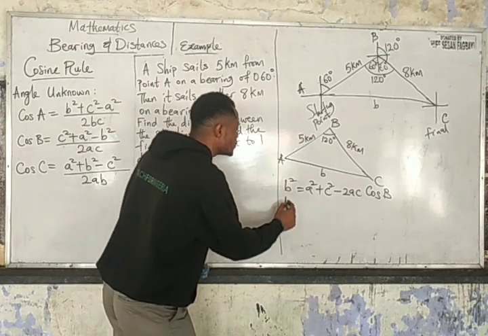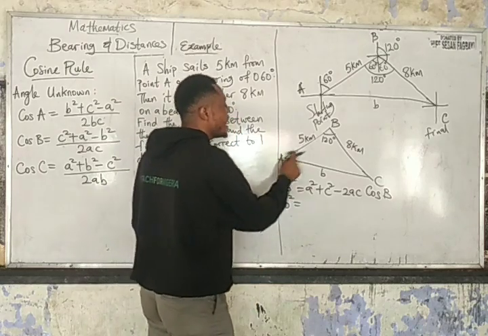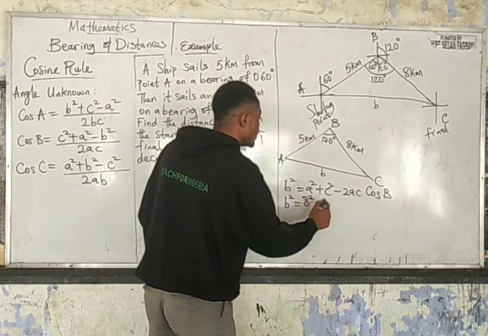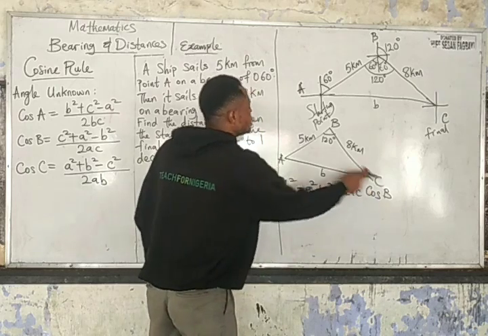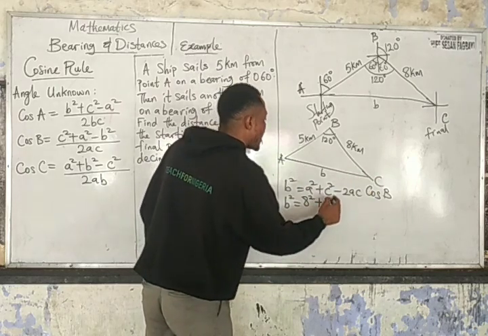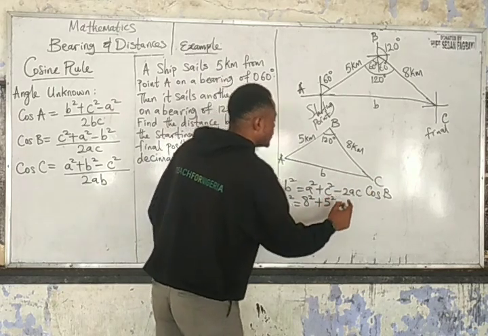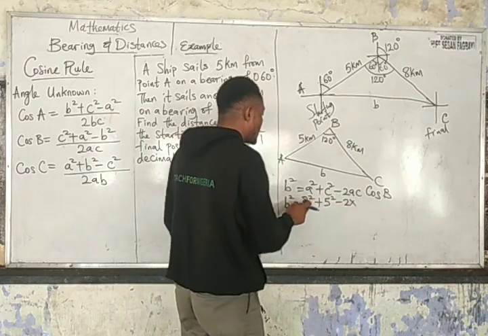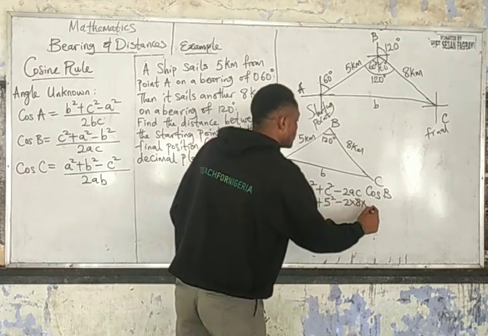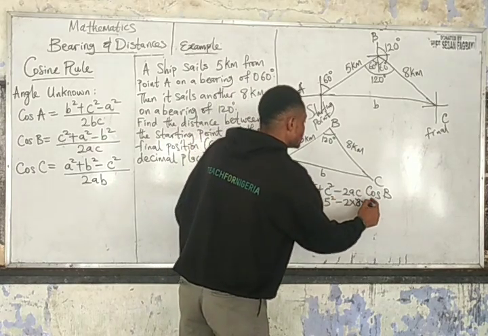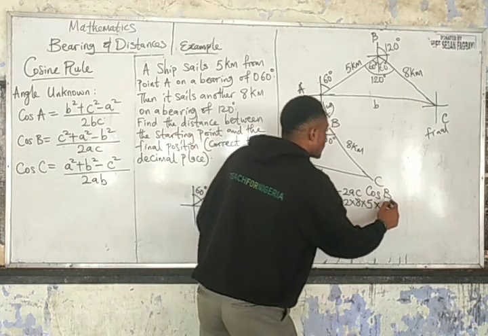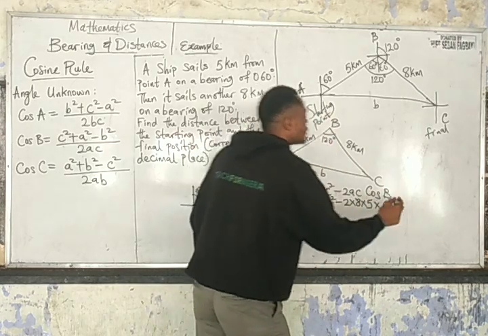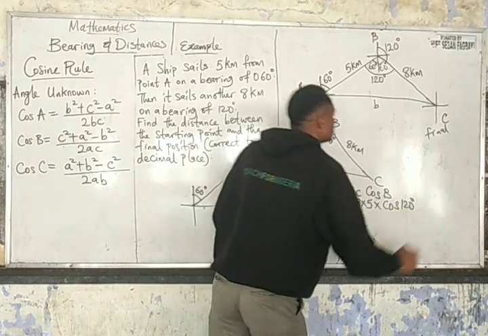Now we are looking for B squared, of course. B squared is going to be A squared plus C squared, which is 5 squared, minus 2 multiplied by A, which is 8, multiplied by C, which is 5, then multiplied by cos of 120 degrees.